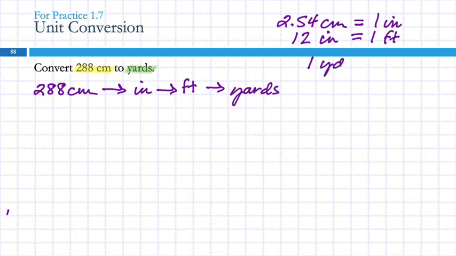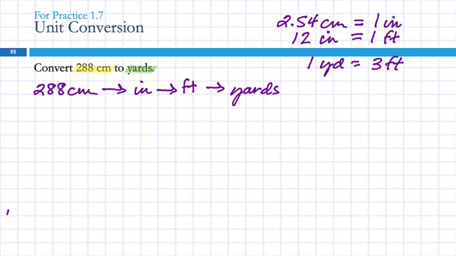So 1 yard equals 3 feet. If you forget that on an exam, ask me and I'll tell you. So there's our path. The map is saying if you start at centimeters and go to inches and then go to feet, you can get to yards. Okay? That's the hardest part of the problem. Making the plan, figuring out on the map, where am I going?